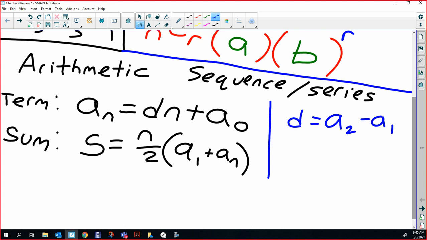That really shouldn't be a difficult thing for you. And if you have a hard time finding this A sub 0, just take the first term and subtract D from it. So those are kind of optional formulas.